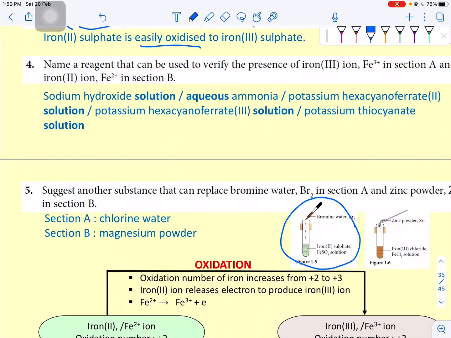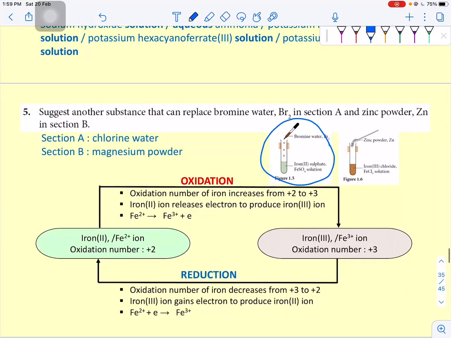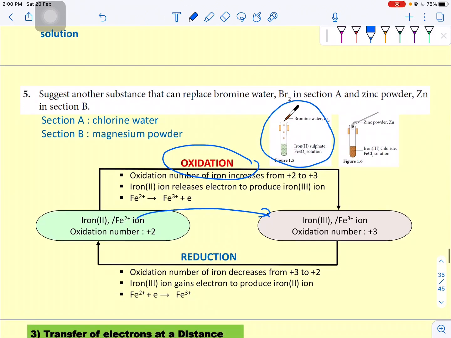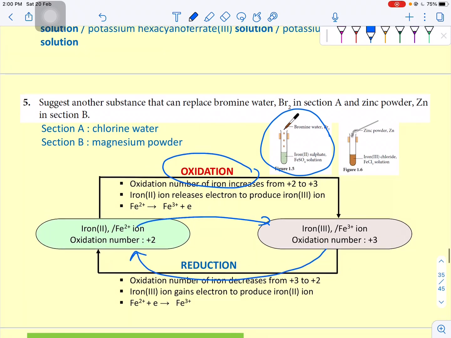Untuk changes iron 3 to iron 2, you can use magnesium or aluminium or sulfur dioxide also can. So that's all. And the last part is just the conclusion. We want to convert iron 2 to iron 3, maka dia adalah oxidation. We want to convert iron 3 back to iron 2, so that is reduction.